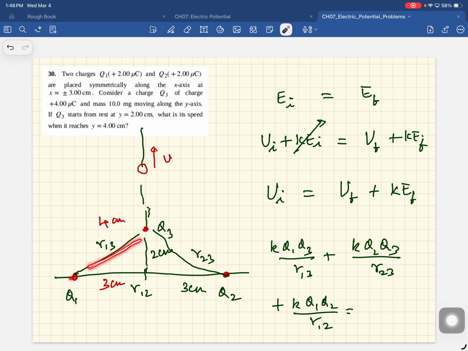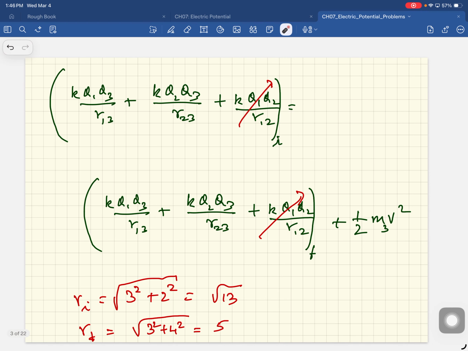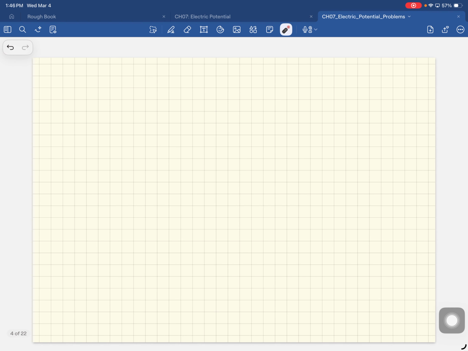Then divided by 10. So that's 10 to the 4 meters per second. 4 into 9 into 2 into 4 into 1 over root 13 minus 1 over 5.